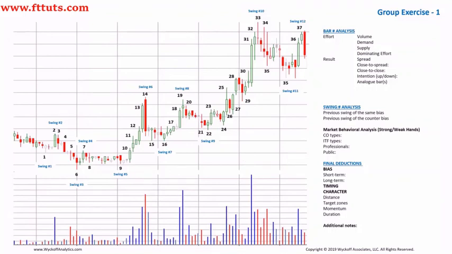Okay, so from Nailesh. Bar number 18. We went through this, but let's just confirm. Short-term bullish, yes.